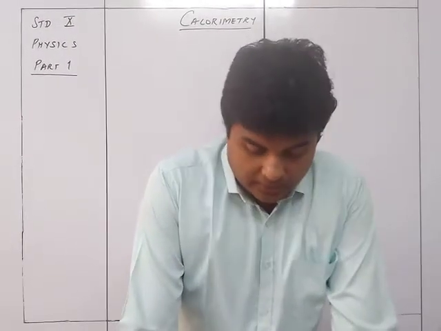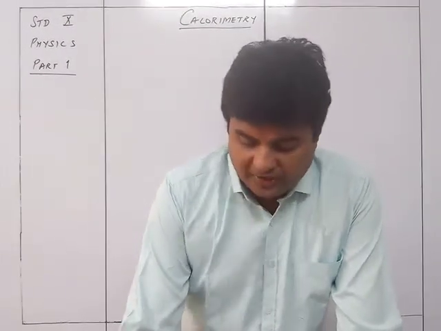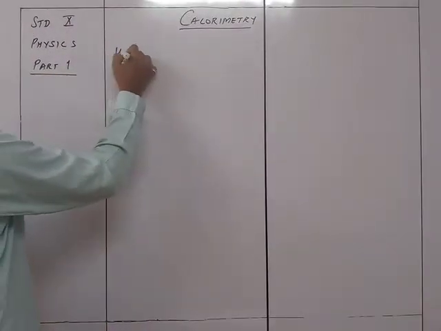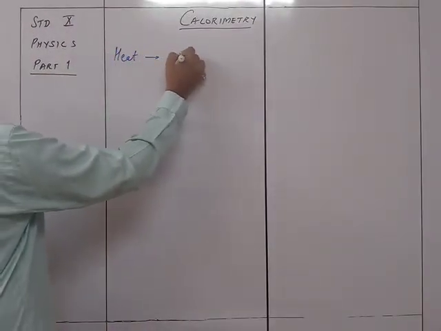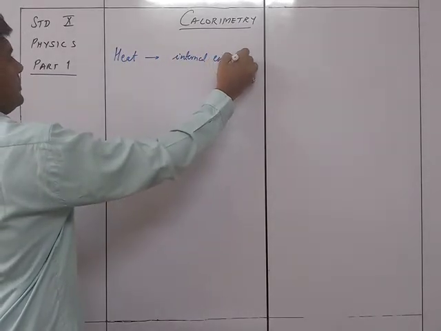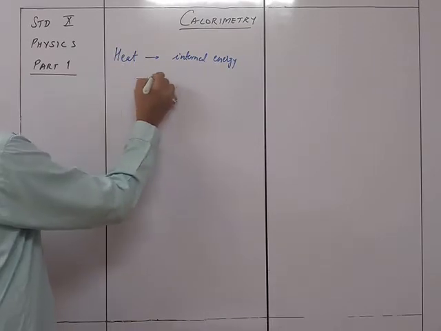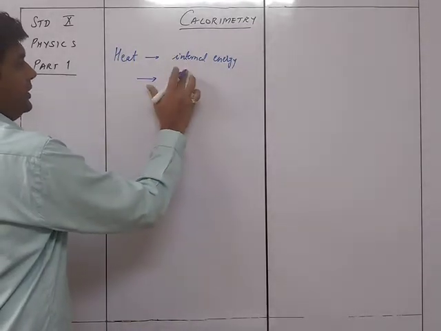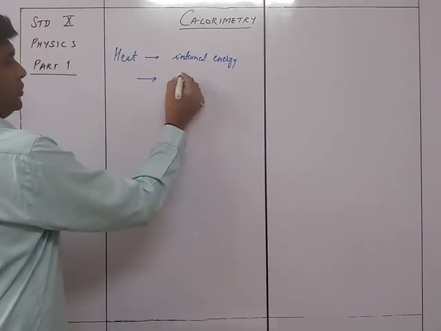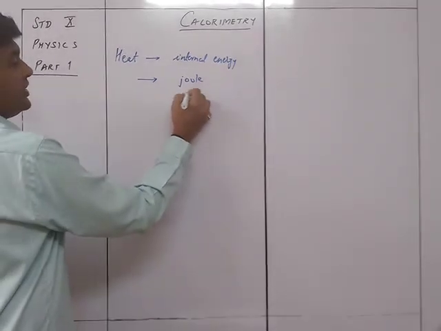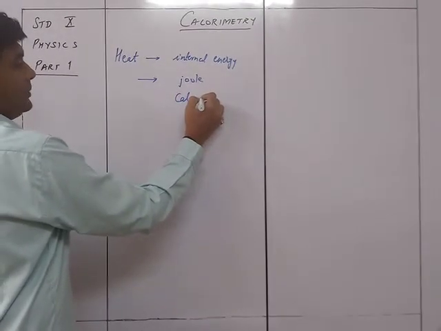Now we talk about the units of heat. First of all, we defined heat as nothing but internal energy. It is measured in joule, of course, because it is a form of energy, but it is also measured in calorie.